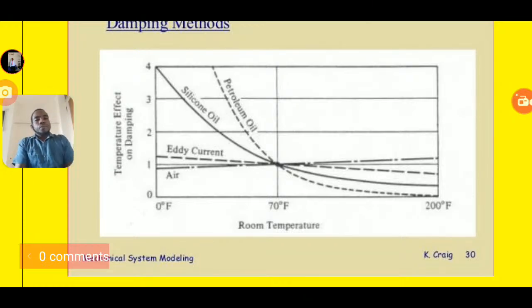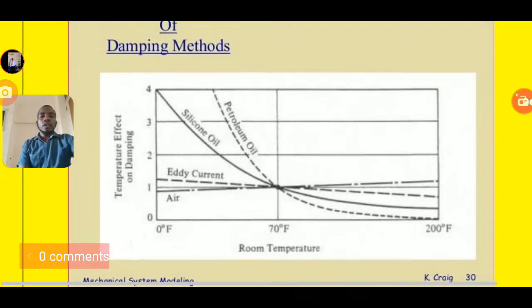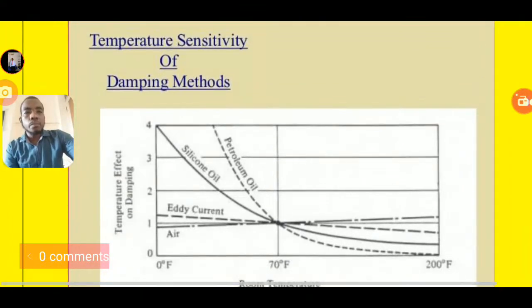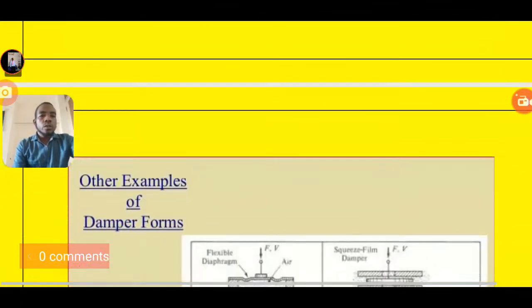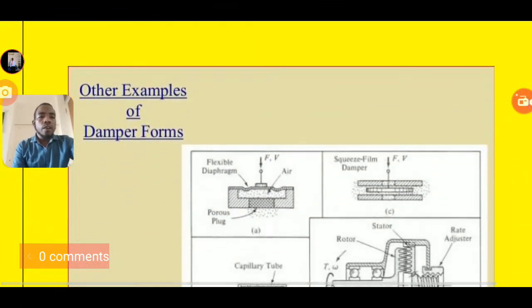So like this, we can see the eddy current also forming in this place. This is the air conduction. This is eddy current. This is the siliceous oil, and this is petroleum oil. Like this, we can see the graph for the temperature sensitivity of the damping methods. So in the same way, we have seen the eddy current concept.